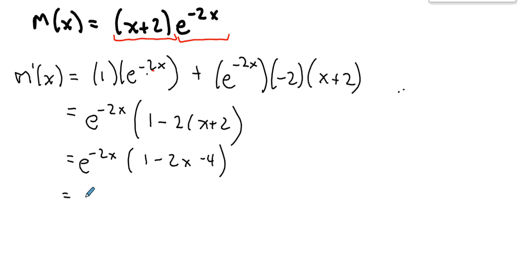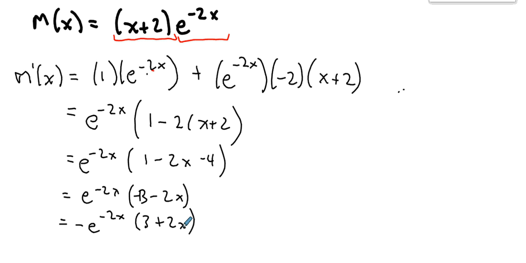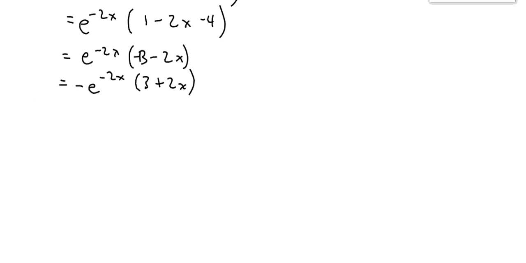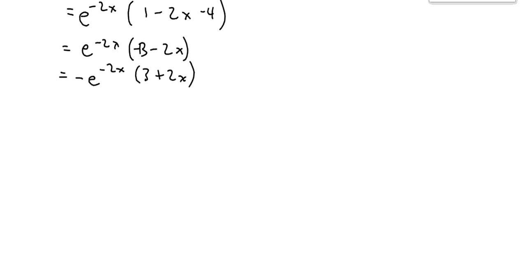So this would be e to the negative 2x times negative 3 minus 2x. I'm just going to go all the way and factor out a negative, because I like to do that. And there we go. There is the derivative of the function, my apologies, in fully simplified and factored and ready to go form.